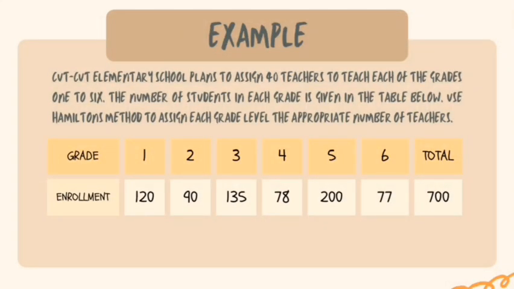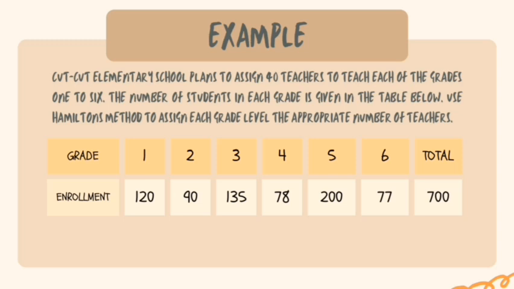So here is an example. Kot Elementary School plans to assign 40 teachers to teach each of the grades 1 to 6. The number of students in each grade is given in the table below. Use Hamilton's method to assign each grade level the appropriate number of teachers. So in this example, we will use Hamilton's method.